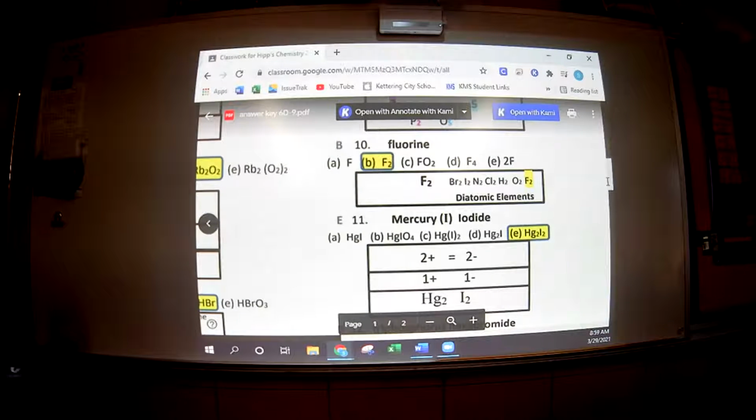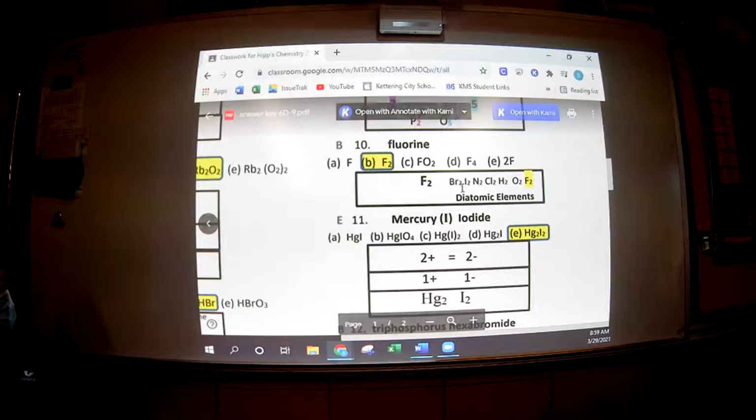Whoa. Number 10. One of the most missed ones. Question on 10. A lot of people put letter A. Why is it letter B and not letter A? Fluorine's never found by itself.